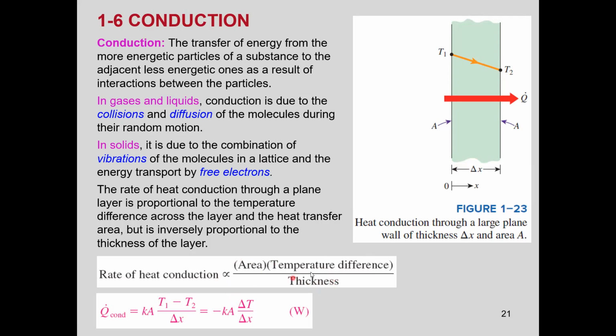Using this observation, we can define conduction heat transfer as K A (T1 minus T2) over delta X. So the rate of conduction heat transfer is proportional to area, proportional to temperature difference, and inversely proportional to thickness. That's why it is in the denominator.